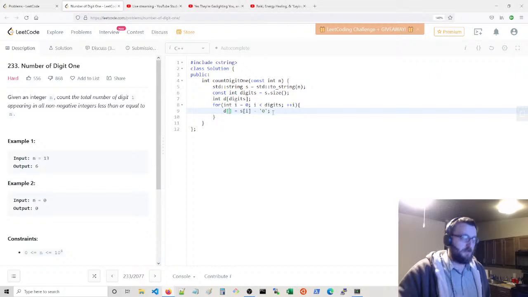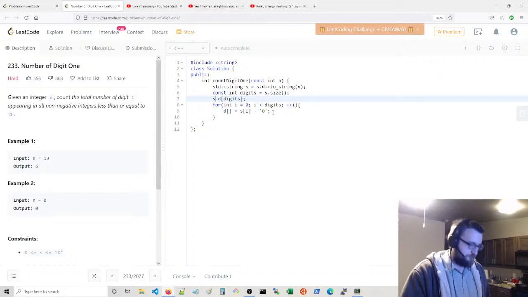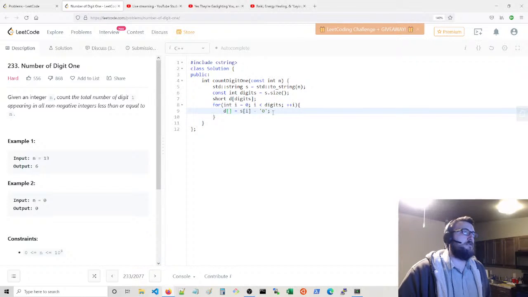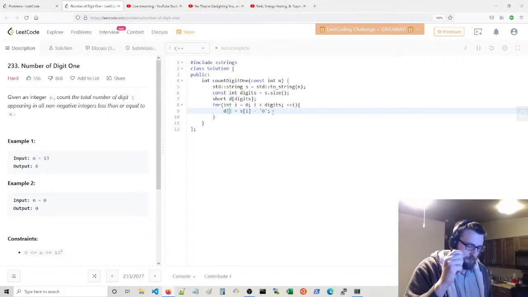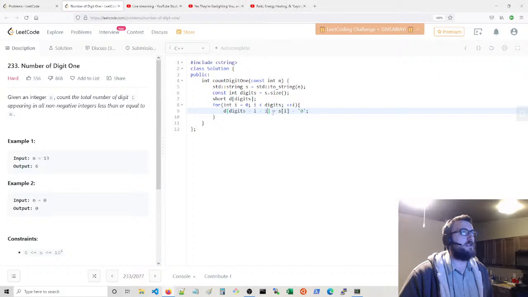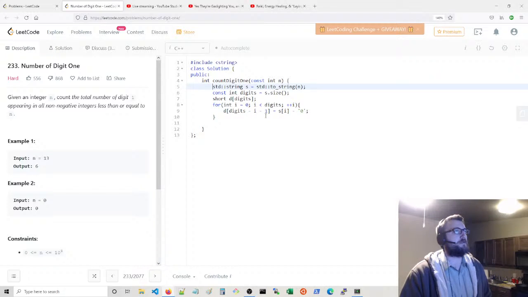It works out okay. We could use a short or something. And then, since this is actually on the other side, the most significant digit, this is going to be digits minus i minus 1. Yeah, on the other side, so that's kind of interesting. So we're going to retrieve digits.